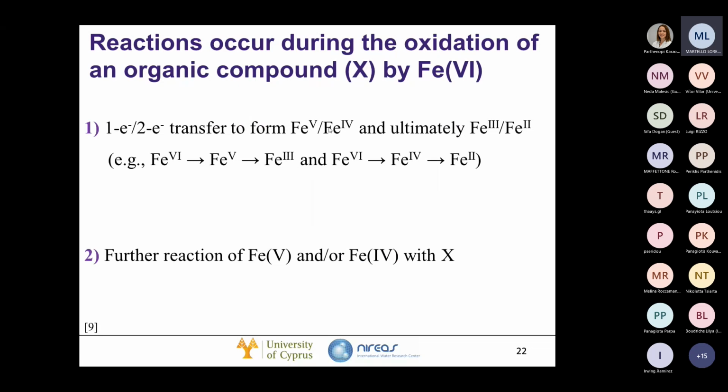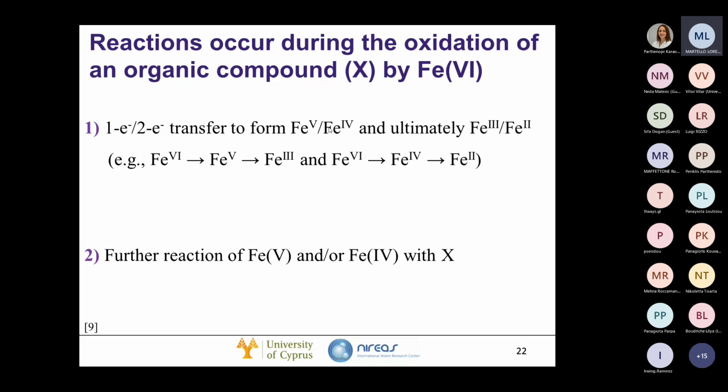Considering that we knew there is no effect of iron 3 in this system, and we also measured the effect of iron 6 alone without any acid, the two species between the oxidation state of iron 3 and the oxidation state of iron 6 are iron 4 and iron 5.